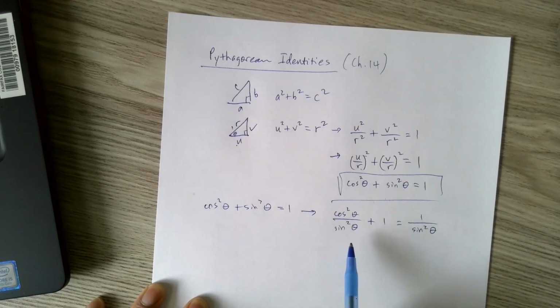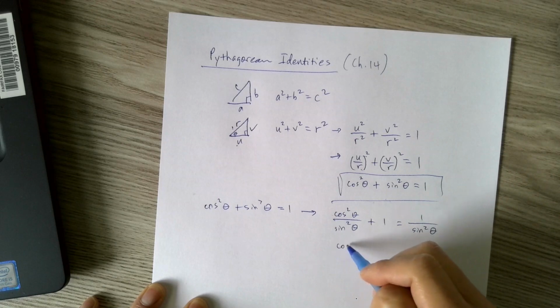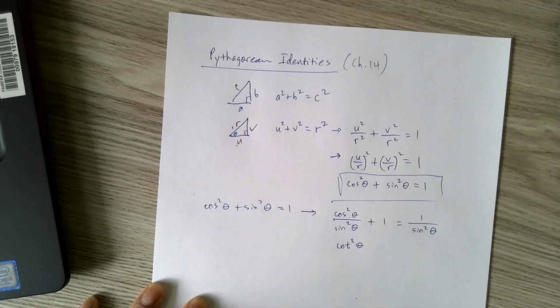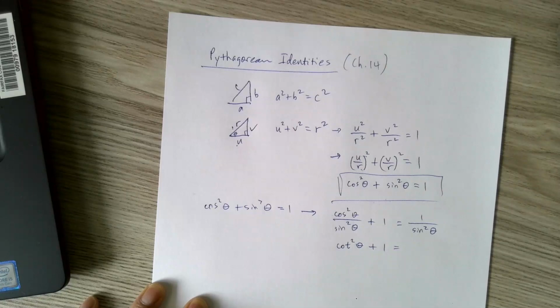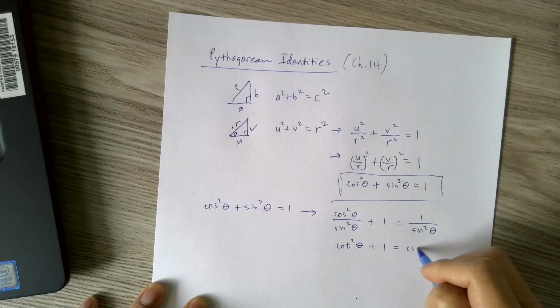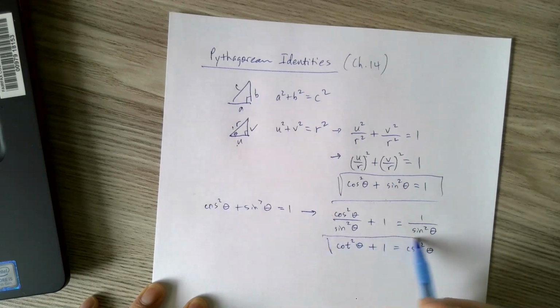Okay, and then since cosine over sine is also known as cotangent, I can replace this with cotangent squared. And since 1 over sine is the same thing as cosecant, I can change this to cosecant squared, and I have my second identity.